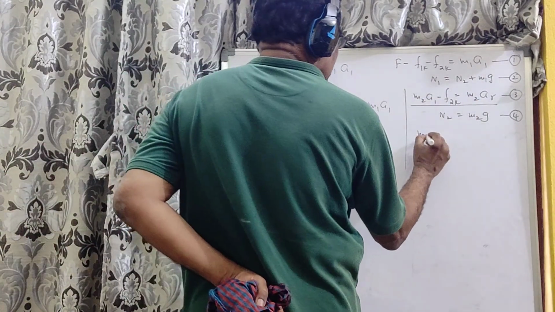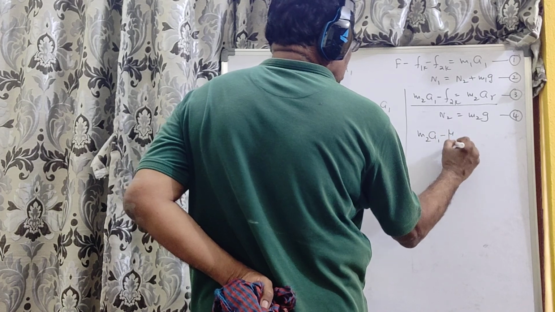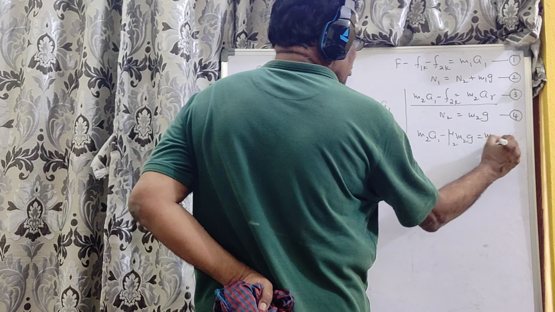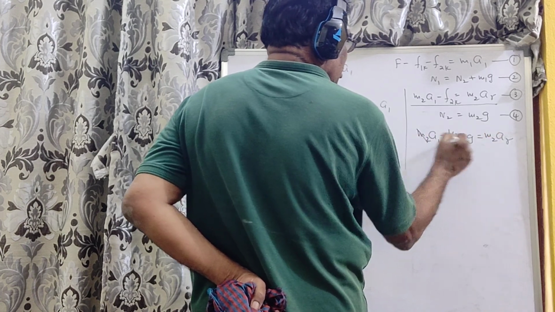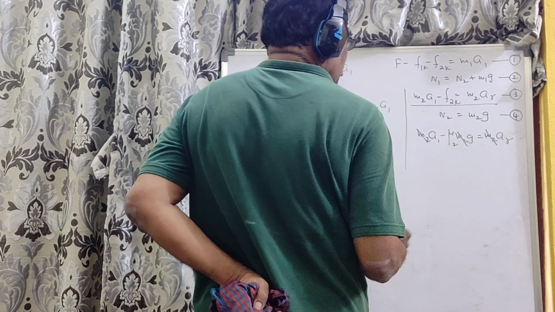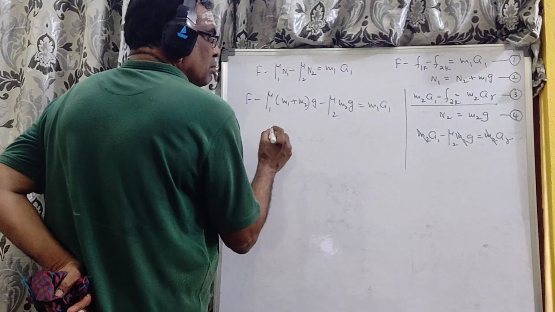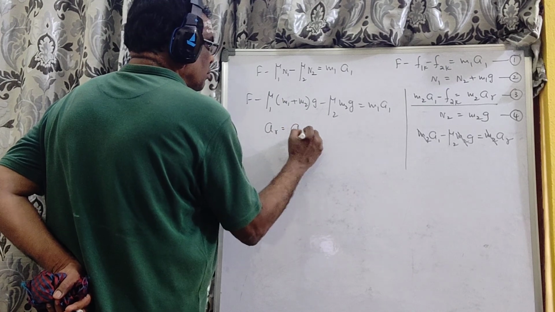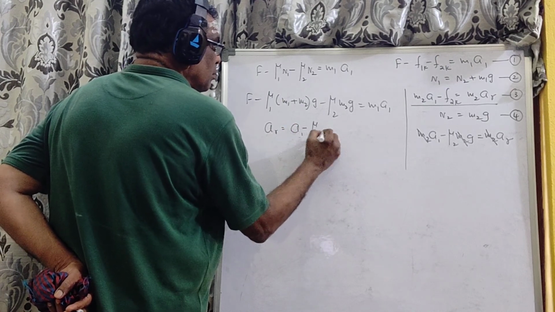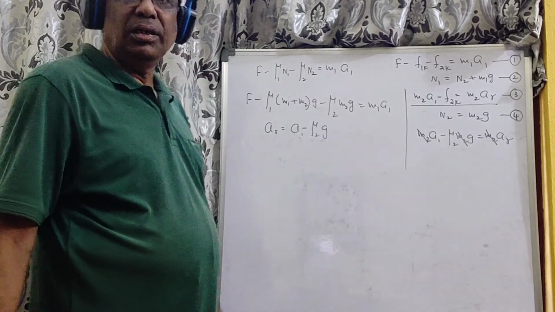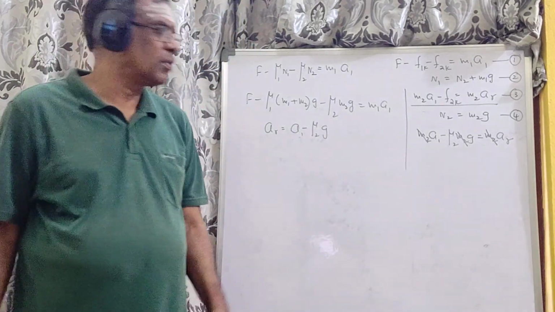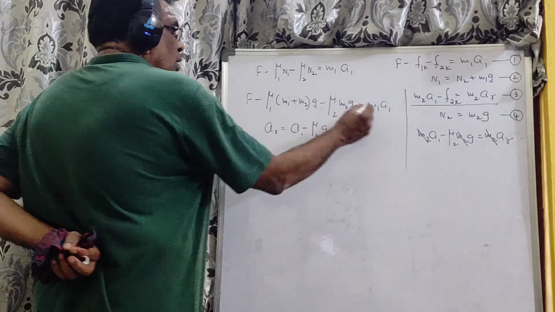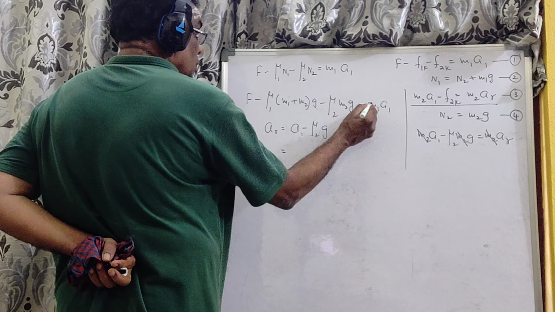If I write M2A1 minus mu2 M2G is M2AR, AR is equal to A1 minus mu2G. A1 you can substitute from all this.